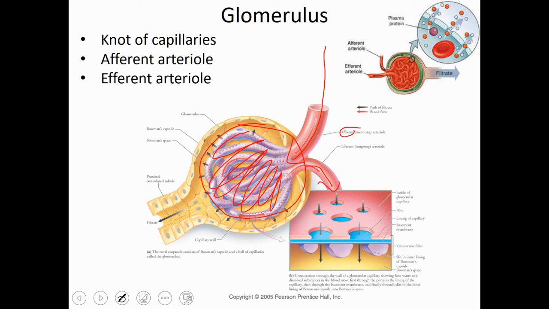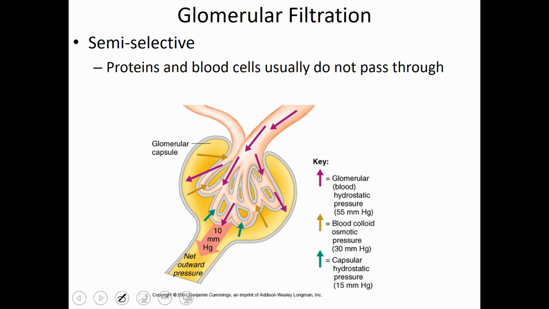Remember, we kind of saw afferent and efferent with neurons. So afferent is bringing the blood into the glomerulus. Efferent is taking it out of the glomerulus. Now, it's going to filter everything except for really two things: large proteins and red blood cells. Mostly all blood cells, I should say. We're not going to put large proteins into the filtrate.